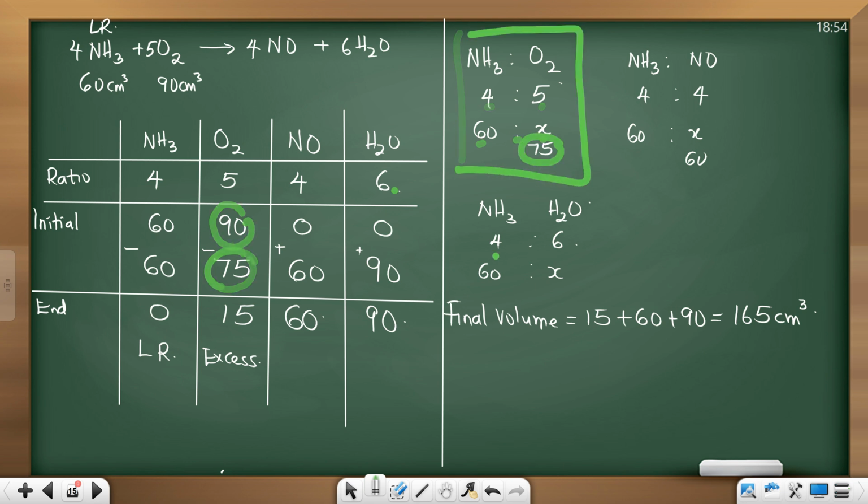For water, 4 to 6, 60 to X, gave us 90. It means we produced 90. 4 to 5 is 60 to 75. 4 to 6 is 60 to 90. You are looking at these two 90s and you're getting confused. No. We didn't get this 90. It was given.